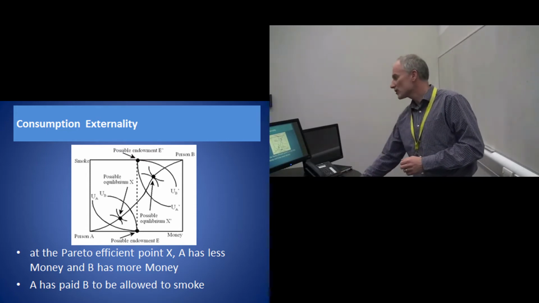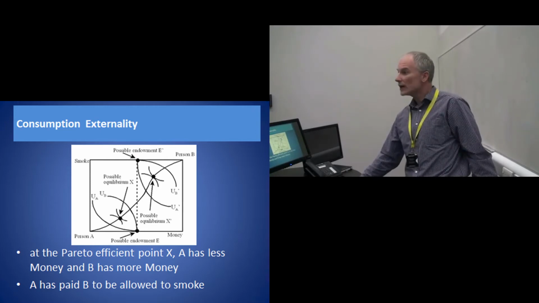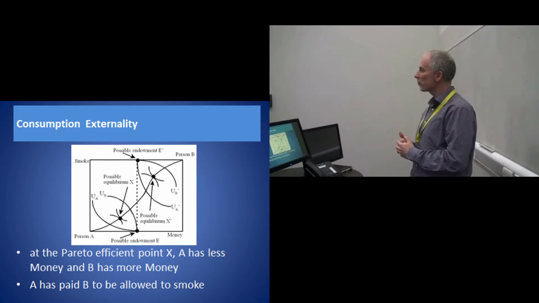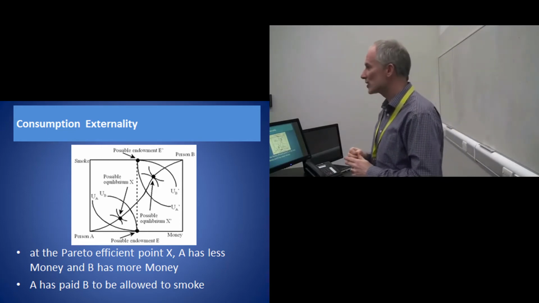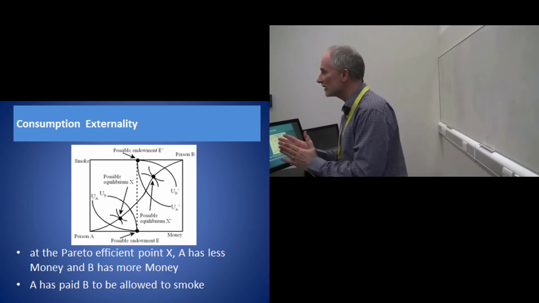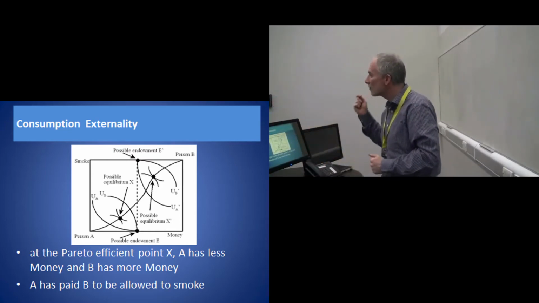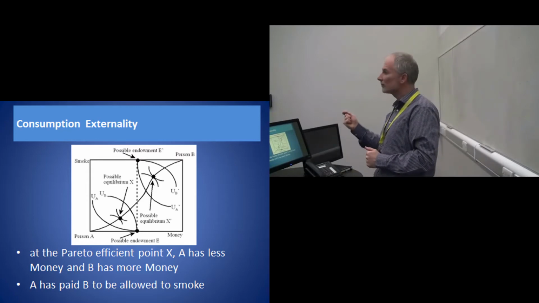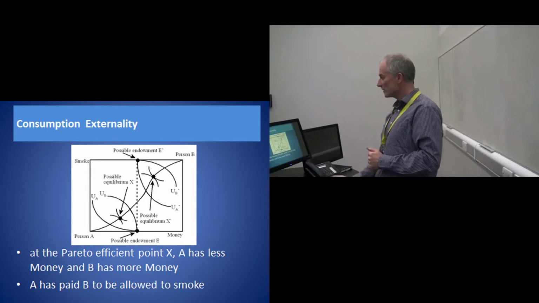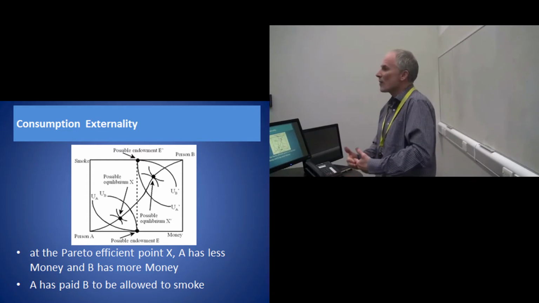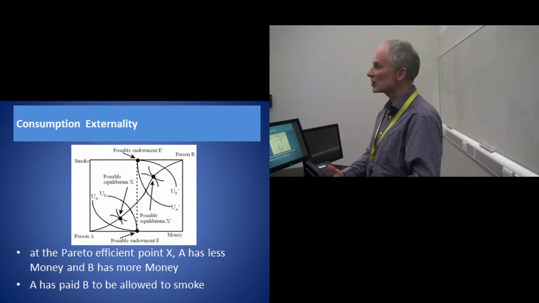And rather than staying at the initial endowment at E, they arrive at the equilibrium at point X. And what do we know about point X? Well, because the indifference curves are tangential, it means we have a Pareto efficient outcome. So our individuals start at point E and they trade their way to a Pareto efficient outcome such as X.